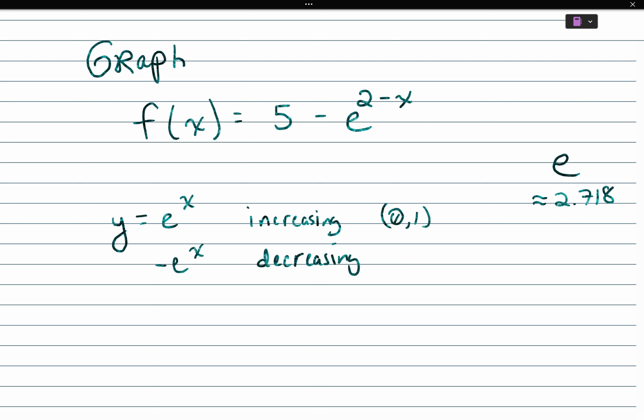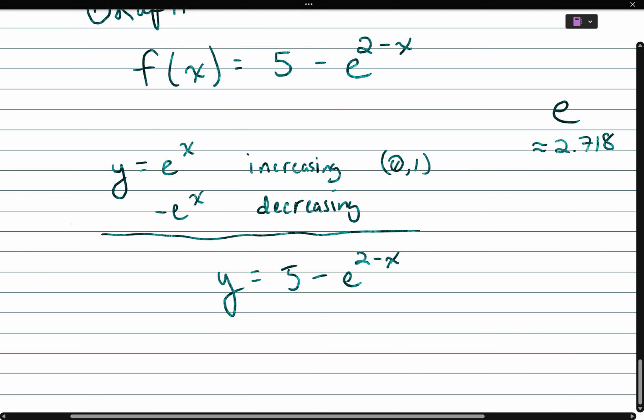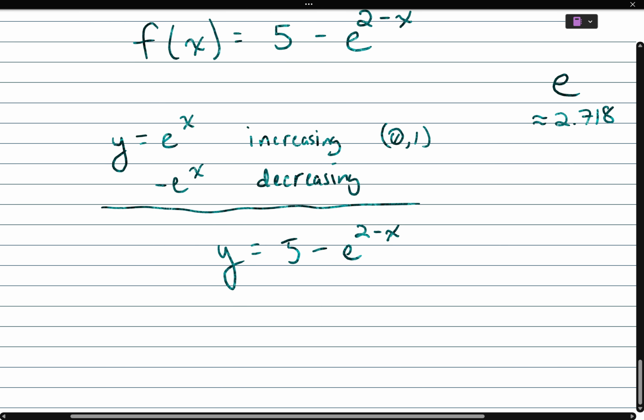And then if we look at other things like the different shifts, let's go take a look at those. So before I look at the shifts, those transformations, I'm going to rewrite the equation. So I have y is equal to 5 minus e raised to the 2 minus x power, right? This is my original. Instead of f of x, I'll write y.